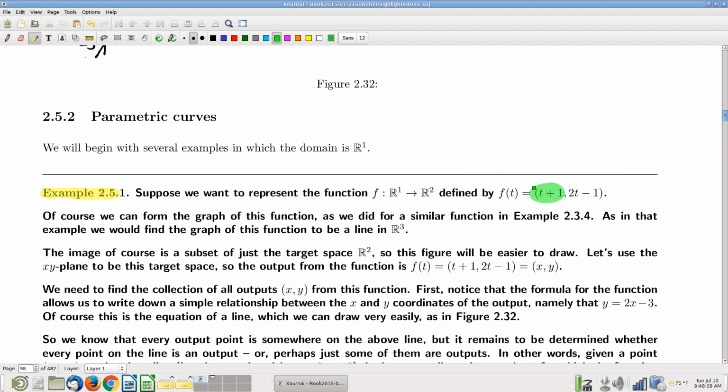This t + 1, that's the x coordinate of the output. This 2t - 1, that's the y coordinate of my output. They're both functions of t. Maybe I can find a way to relate them.